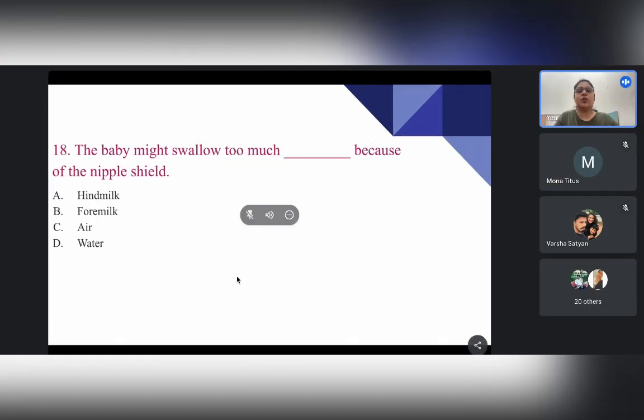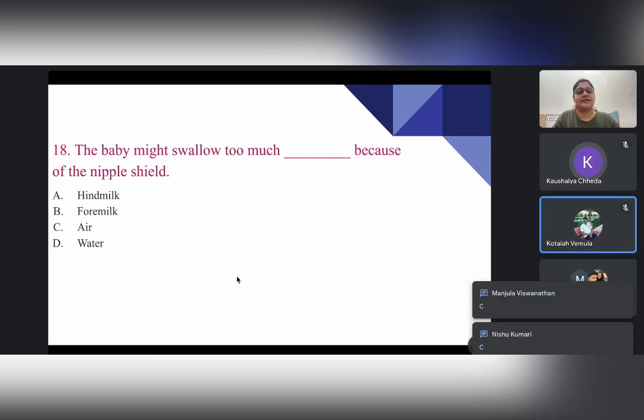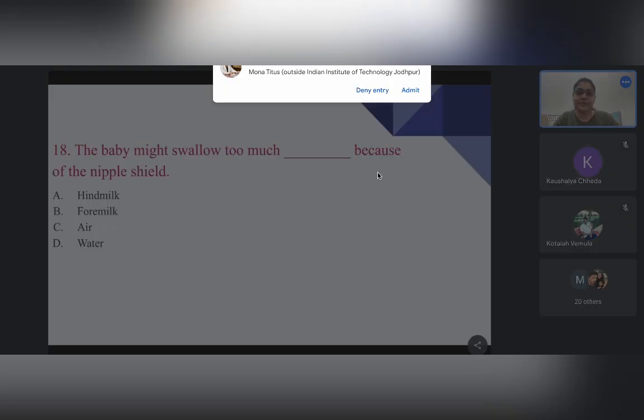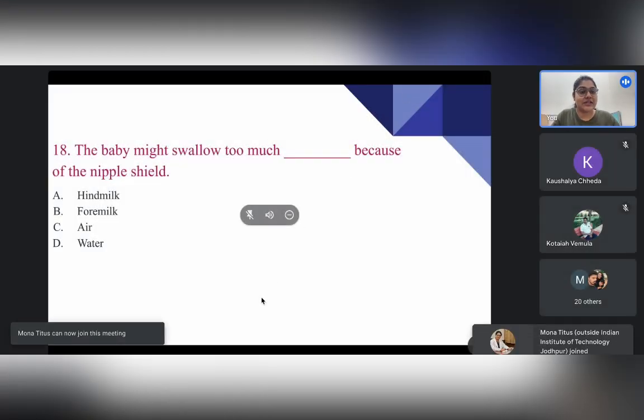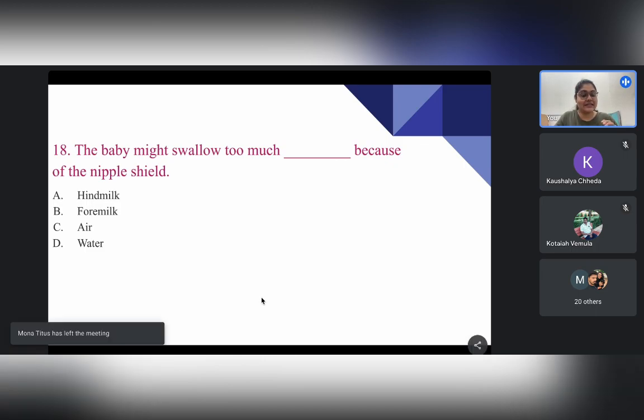The baby might swallow too much because of the nipple shield. Okay. See, ma'am, as everybody has very correctly said, it is C. As we were discussing, the nipple shield is a very commonly used minor device, or a barrier device, for mothers who might have some differences in their nipple morphology.